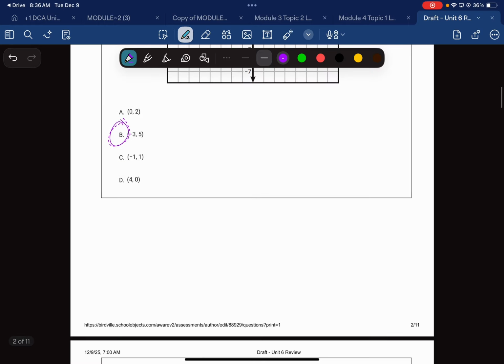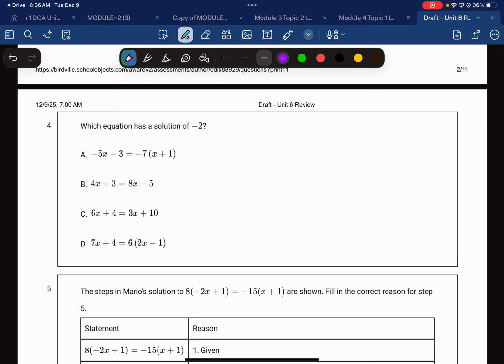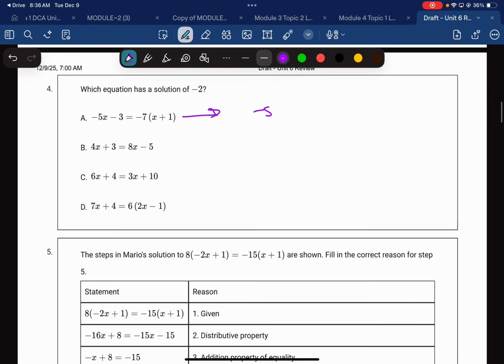All right, next. Which one has a solution of -2? You have to just solve those for x. So I'll do this one right here to show you. So you have -5x minus 3 equal -7x minus 4 plus 1. And then you distribute, right? Bam, bam. So you have -7x minus 7 equal to -5x minus 3.